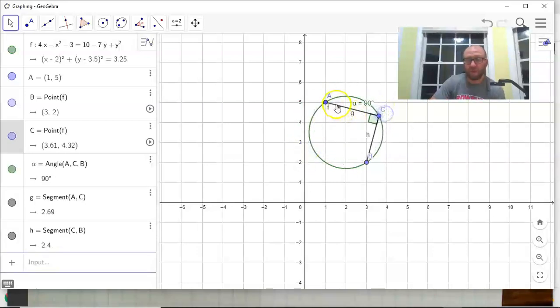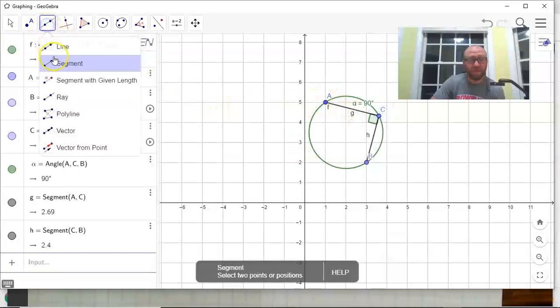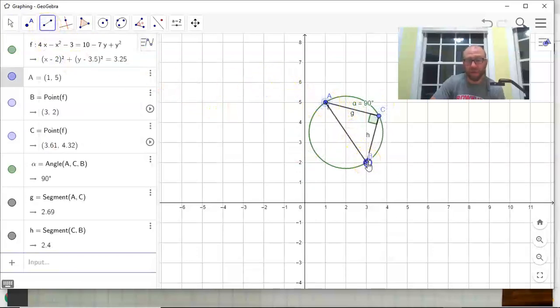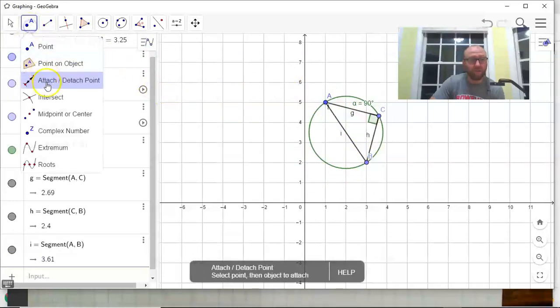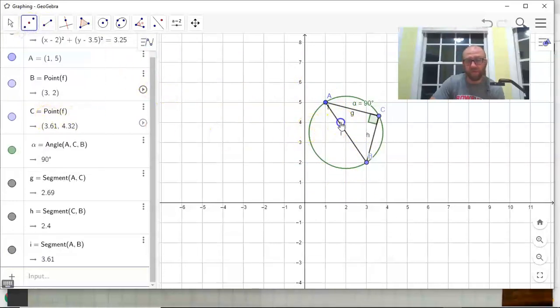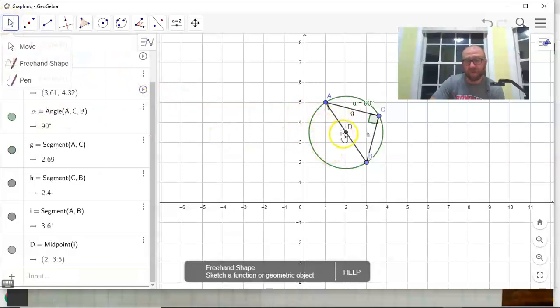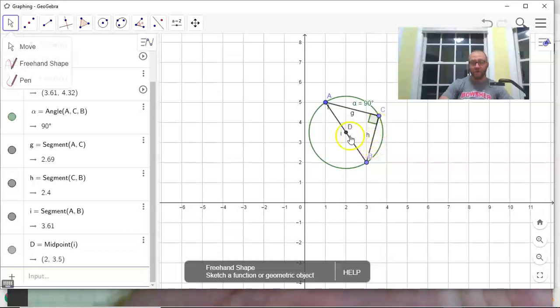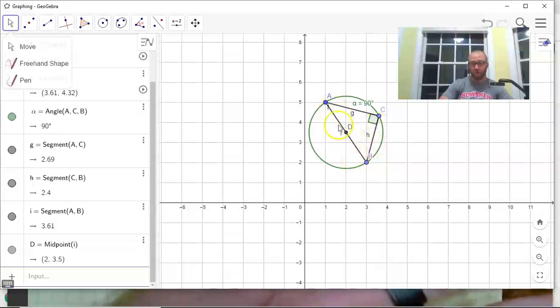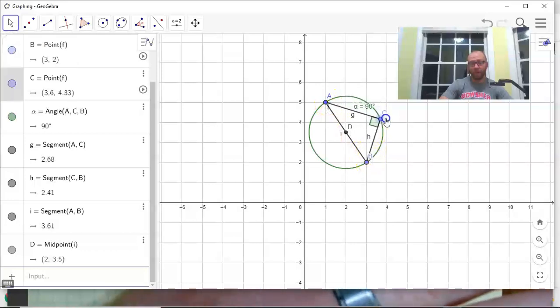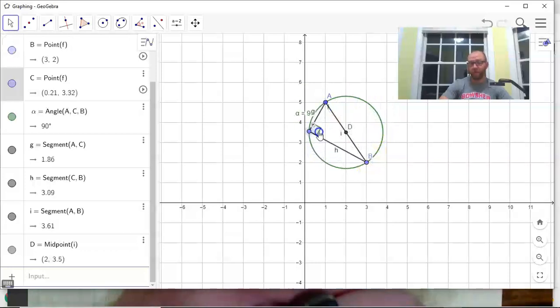Or, if you have a circle, and this segment from A to B is the diameter of the circle, and there would be the center of the circle right here at D. So if I've got two points, and I find the midpoint, I have the center of the circle, and the circle is going to go through both those two points, then any point on the circle will make a 90-degree angle. Right? I'll have a right triangle.